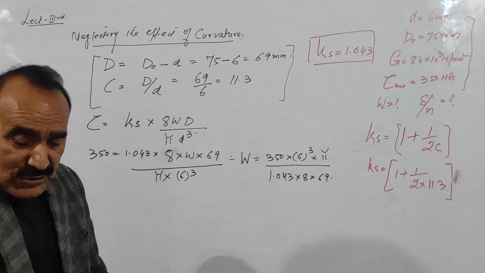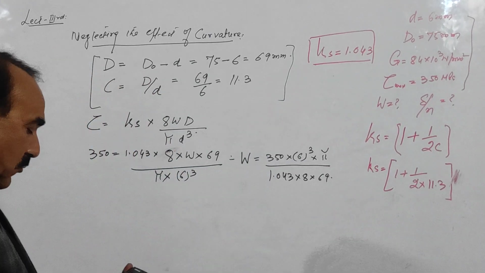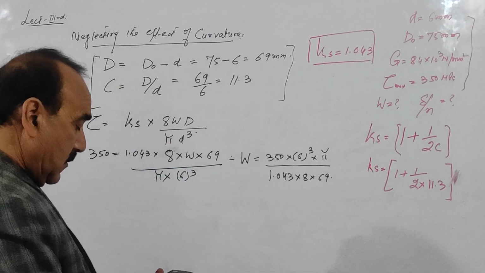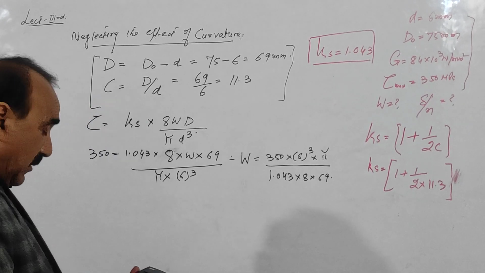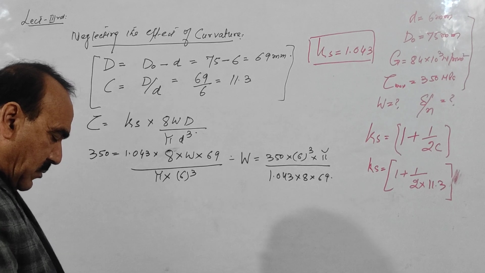So these are the values we will use. Find out what the value is here. 350 into 6 cubed.